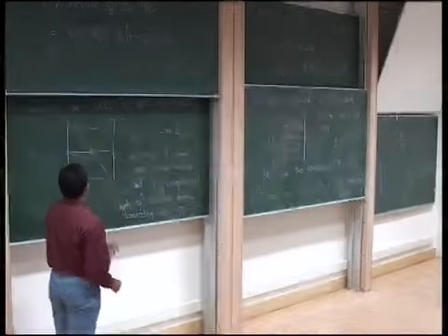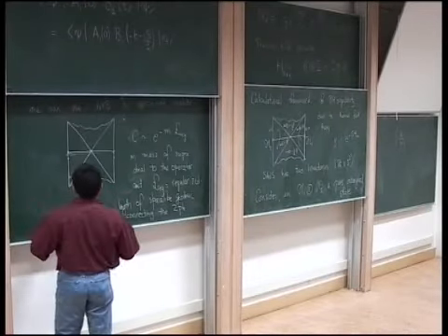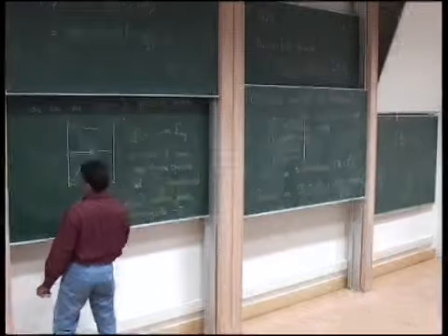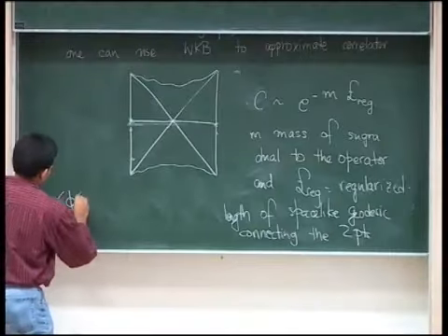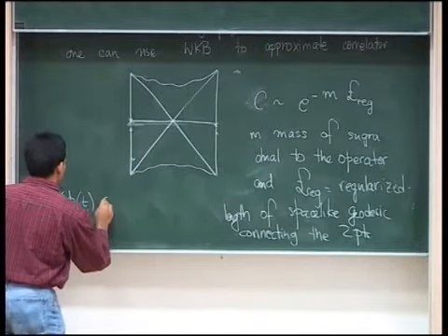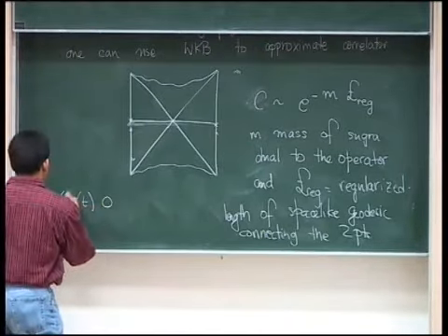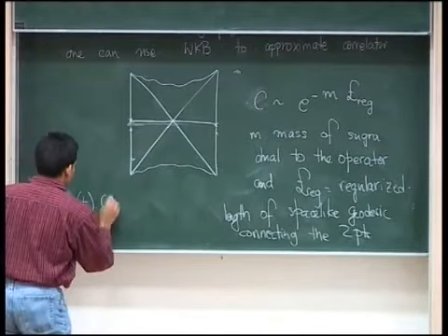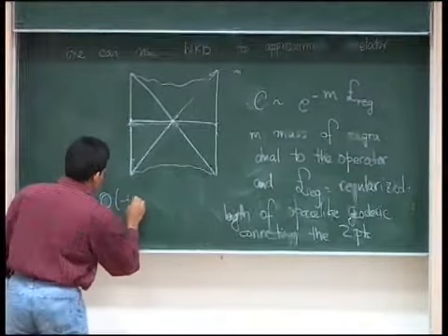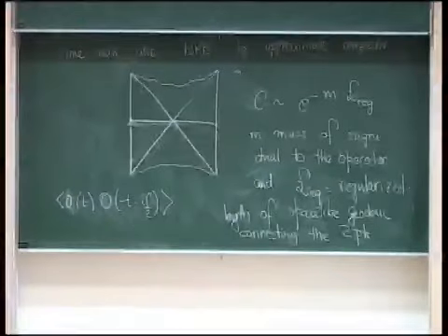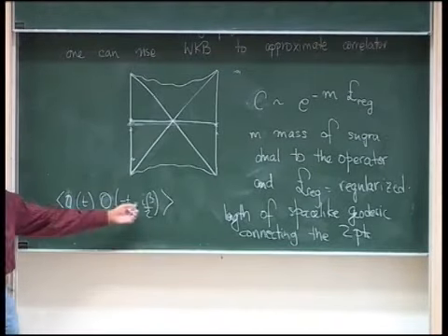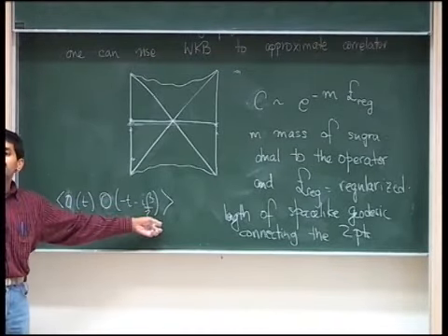Now, what I'm going to do is look at the following two-point function in the state psi, where my operators are inserted at time t and minus t minus i beta over 2.